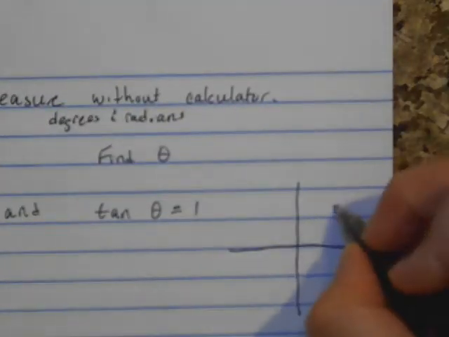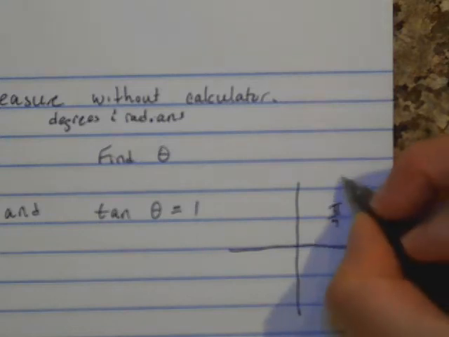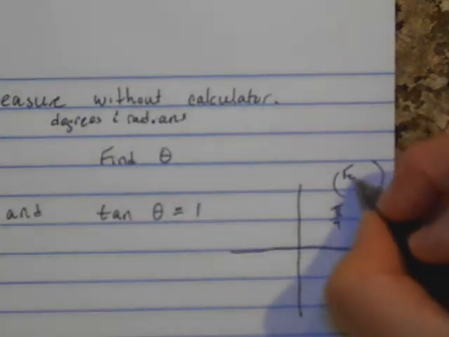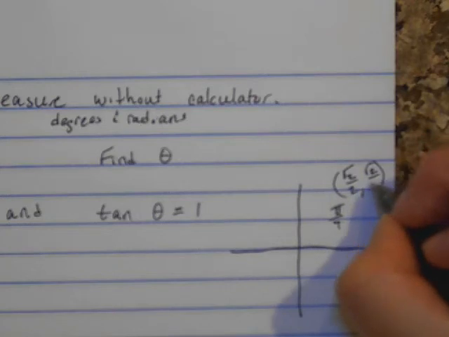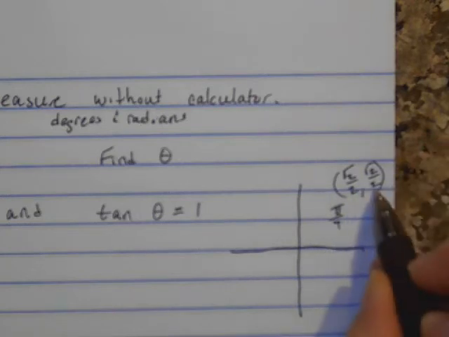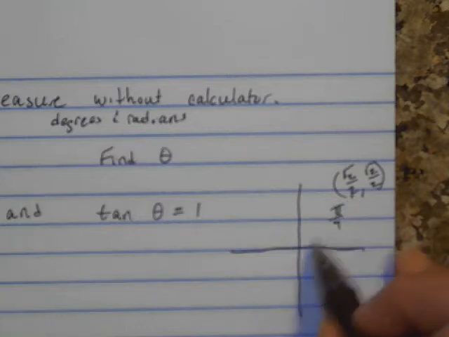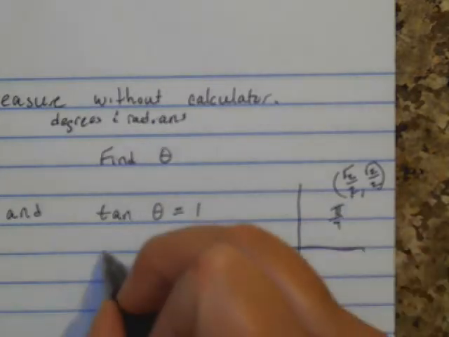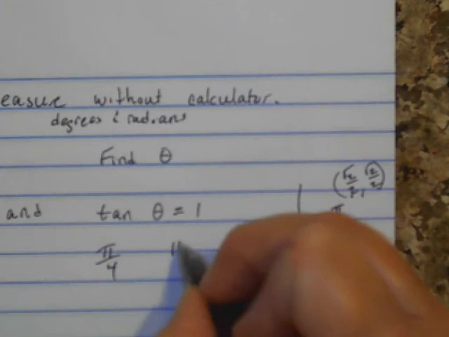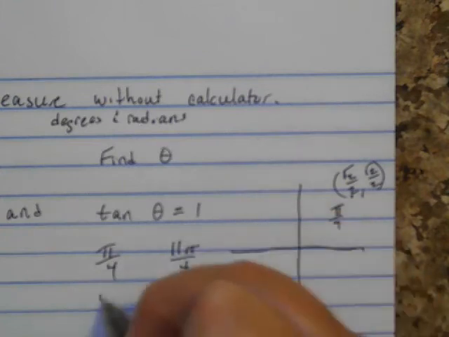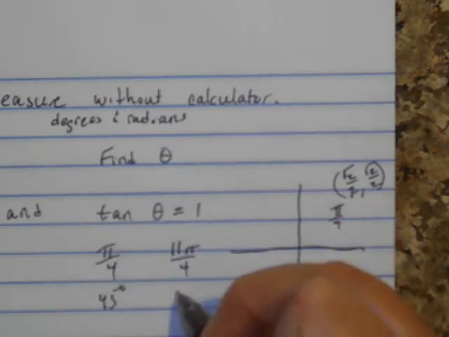So again, that's going to happen out here at pi over 4, because the ordered pair is square root of 2 over 2, square root of 2 over 2. And so when I do the y value divided by the x value, I would get 1. So this happens at pi over 4, 11 pi over 4, which is also the same thing as 45 degrees, and 315 degrees.